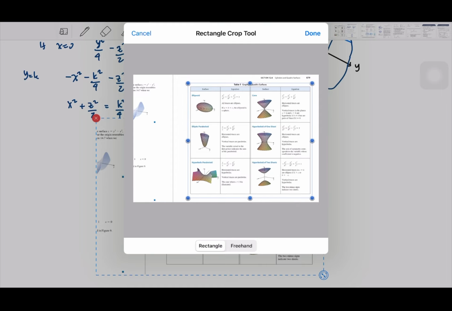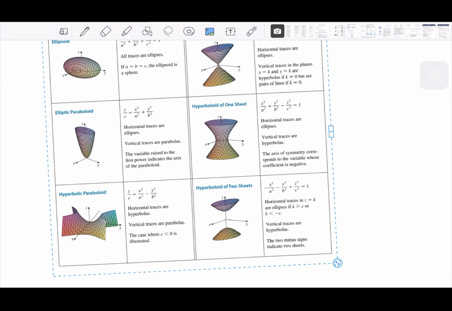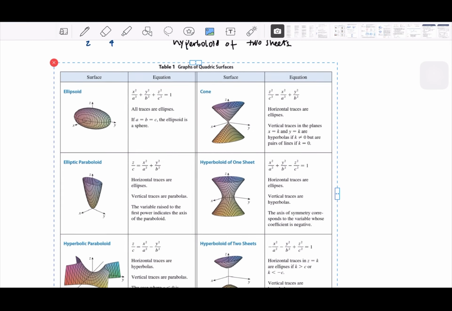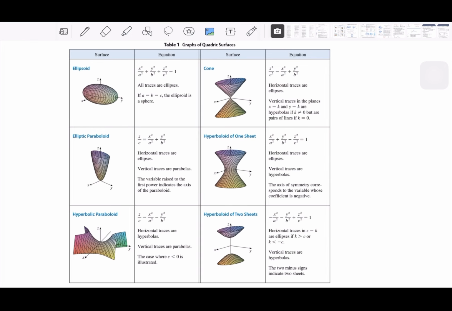Okay, let's take some time to summarize all the quadratic surfaces that we have learned. Okay, we have 6. First is ellipsoid, elliptical paraboloid, hyperbolic paraboloid.